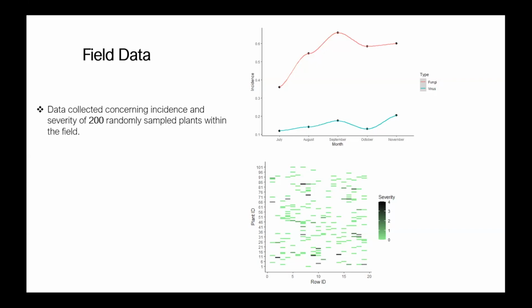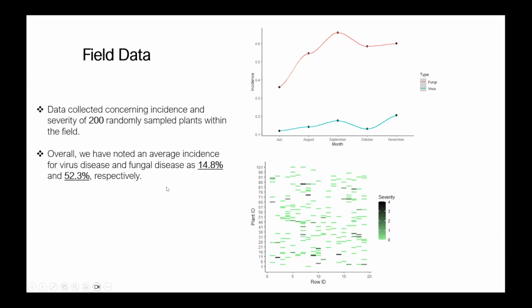On the bottom right, you can see the different plants and the way that we're scoring them, very much like the presentation on the website. This is just based on observations in this case.